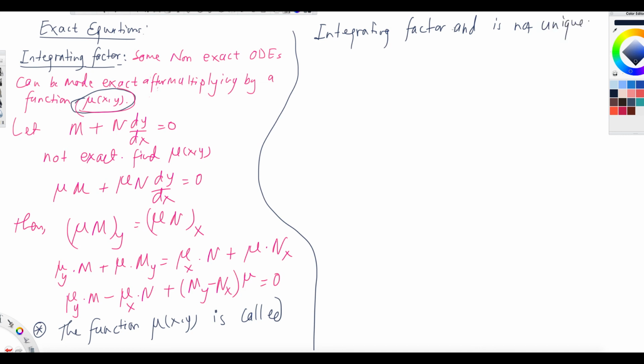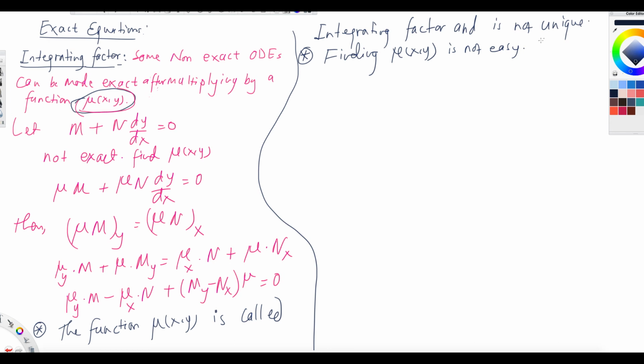Maybe you can find two different integrating factors, and then when you multiply, you can make it exact. Another note I want to write is that finding mu(x,y) is not easy.